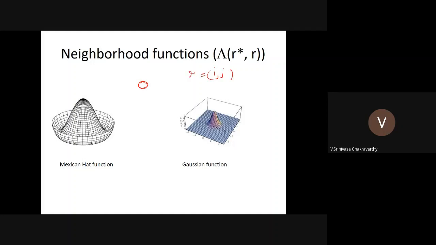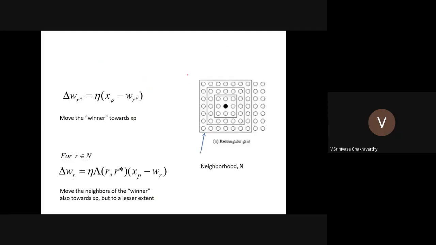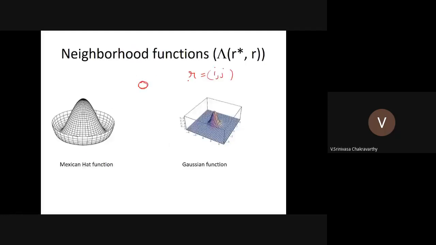We'll just define one vector r. r represents that index vector. So then r star is i star and j star. This I'll call the winning neuron, which is the closest to the input vector.